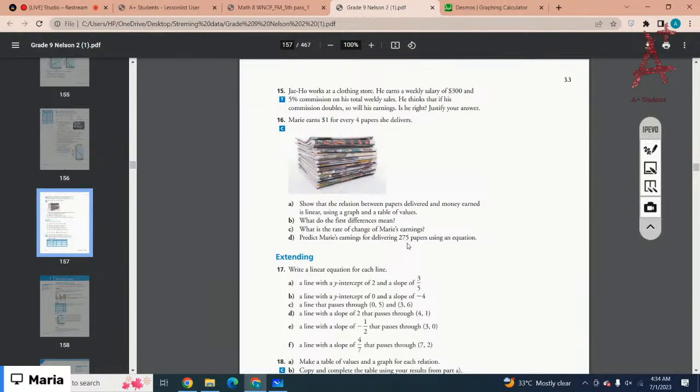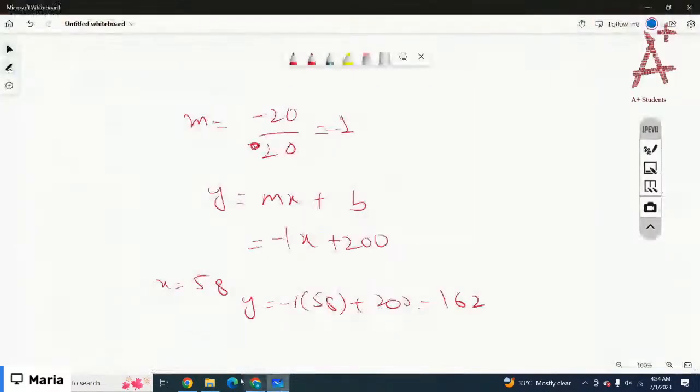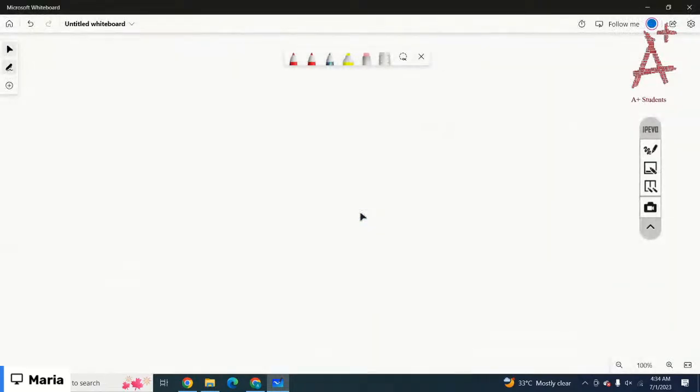Justify your answer. So the equation is y equals 0.05x plus 300, because the commission is 5%, and 5 divided by 100 is 0.05.